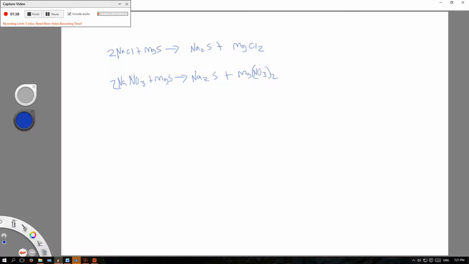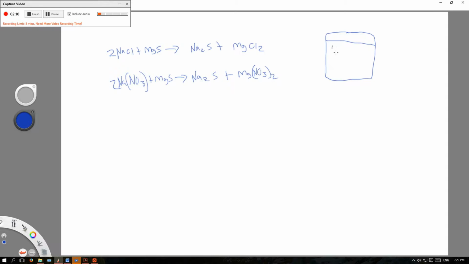So remember, if we say this is B and this is A, this is C and this is D, we're going to have A, D, C, B, right? So that's from earlier. You're just kind of mixing them around. Notice that the NO3 is a polyatomic ion, is what I'm trying to say. So the NO3 kind of works as one unit.